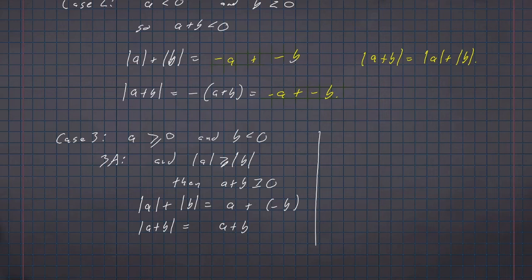Well, the difference of the things is positive. So let's take a look at the absolute value of A plus B minus absolute value of A plus absolute value of B.